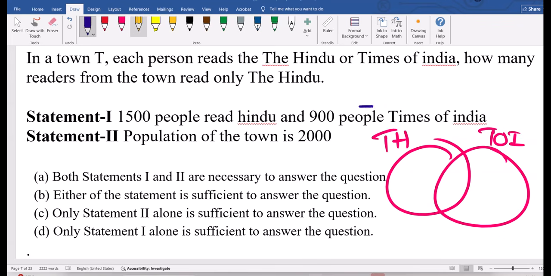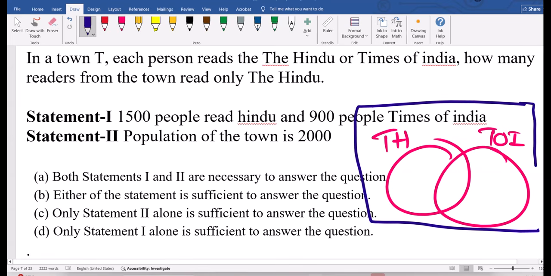This is the total area of the town. In the town, they may read the Hindu or Times of India. So first, if you want to calculate only Hindu, I want to know the total. Total is available in statement 2, but 2 alone I cannot decide.